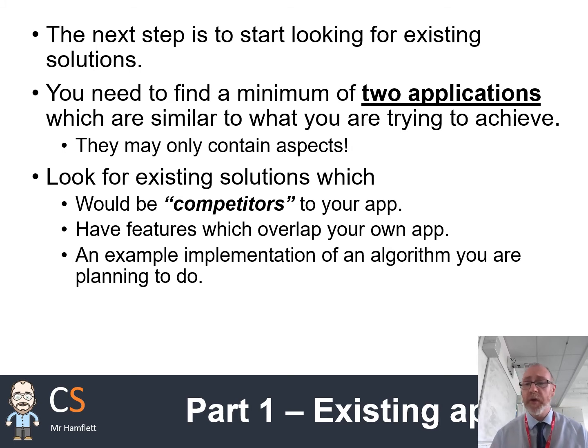In that scenario, maybe you want to look at things which are similar, which do part of what you want to do, or are a bit like it, but not exactly. So your existing app research doesn't have to be a carbon copy of exactly what you want to do, as long as it is clearly related and we can pull out some key features of that existing app to use in your app, then absolutely that's what we can go for.